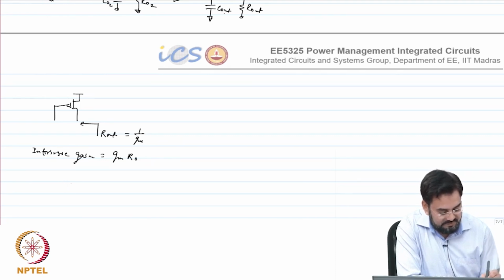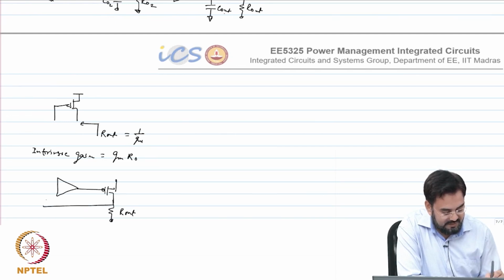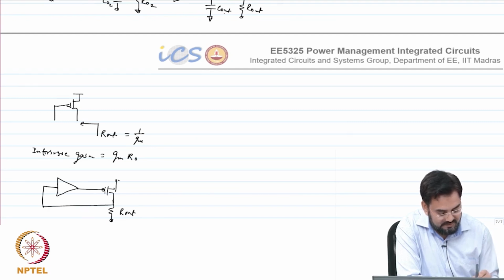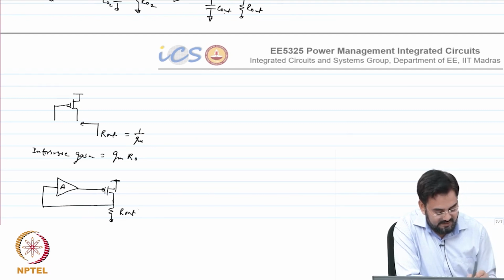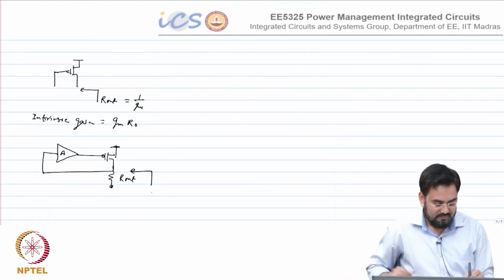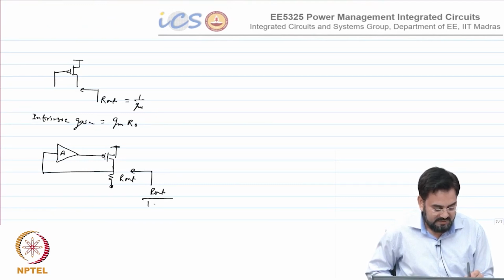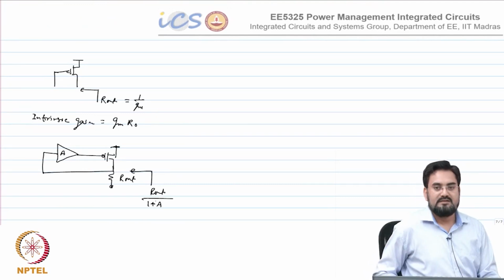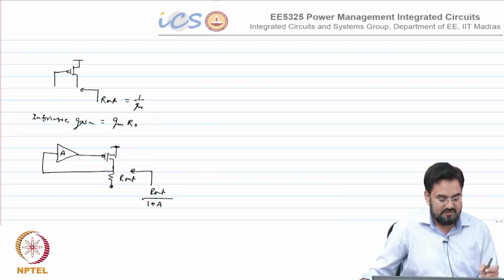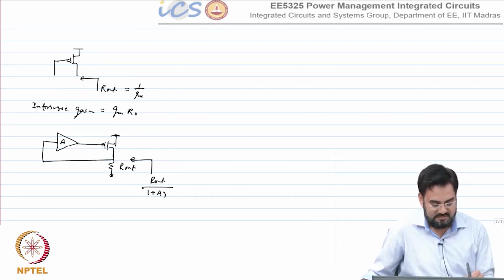So, if I call it R out and you feed it back with the gain A, what is the impedance looking here? R out by 1 plus A. Okay. 1 plus A into GM R out.